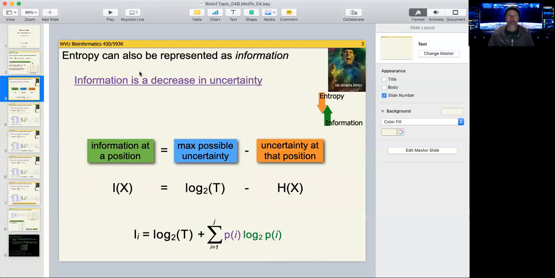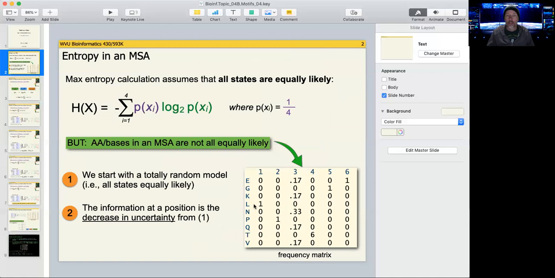Let's put it another way. In this, we are assuming that information is a decrease in uncertainty. That's the basic premise of this calculation that we're going to go through today. Information is a decrease in uncertainty. Let's take an example: position 1.